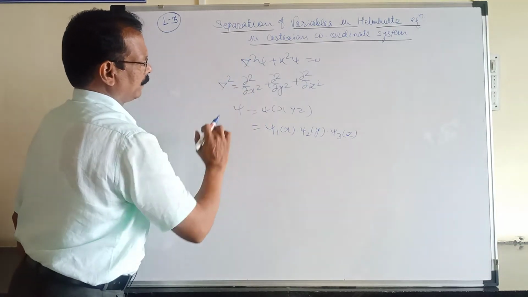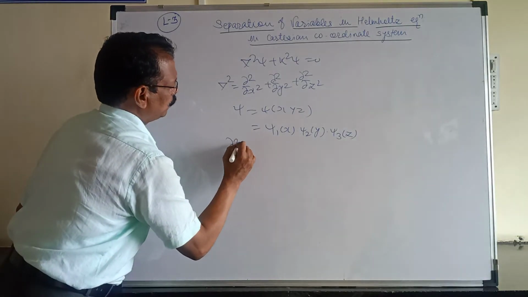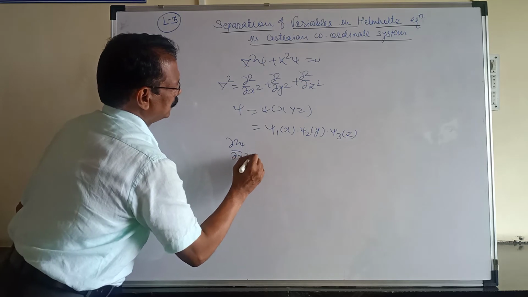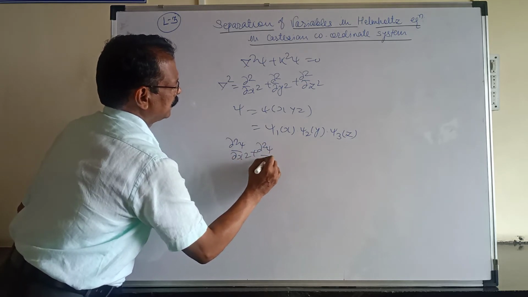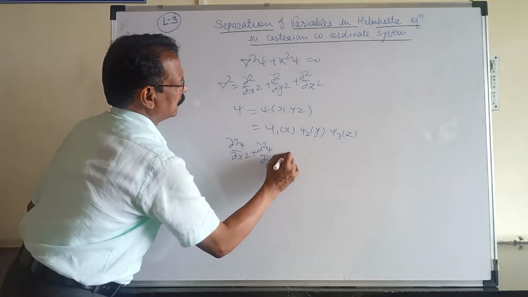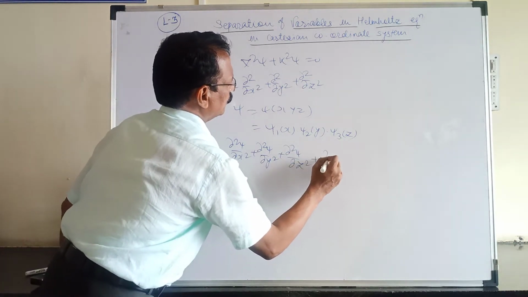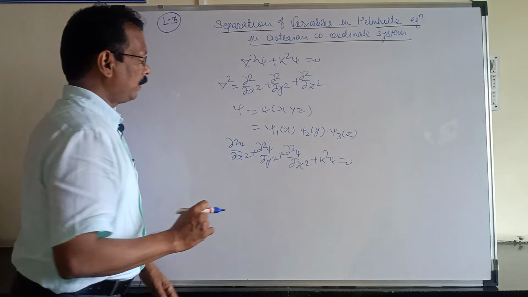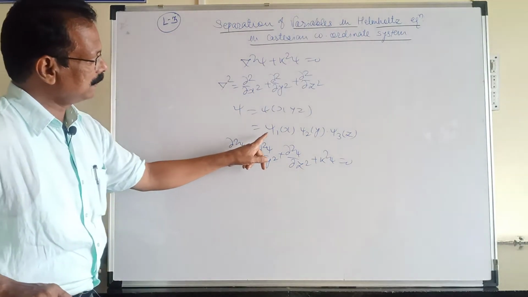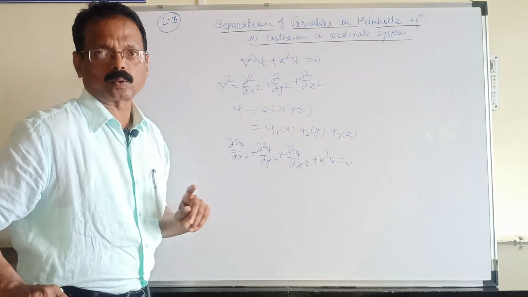So this equation becomes d2 psi by dx square plus d2 psi by dy square plus d2 psi by dz square plus k square into psi is equal to 0. Now we have to replace psi by psi 1, psi 2, psi 3, the product of the three terms.